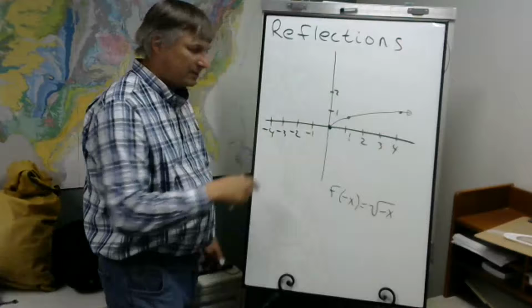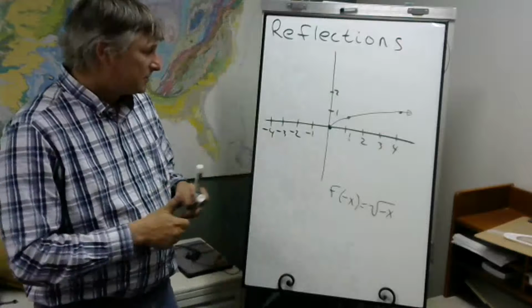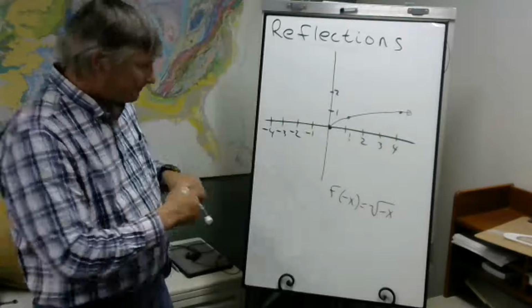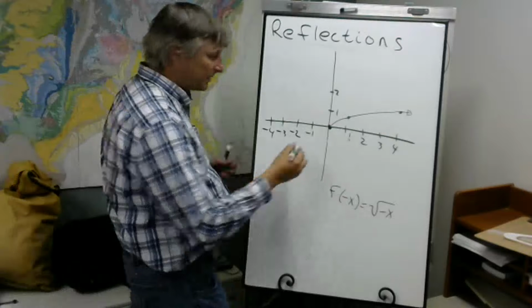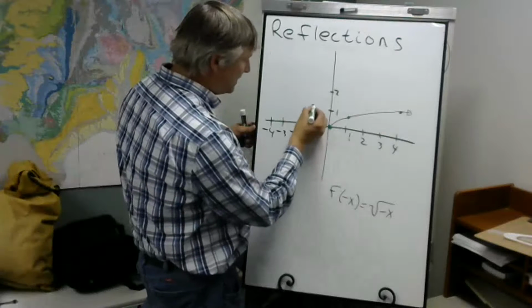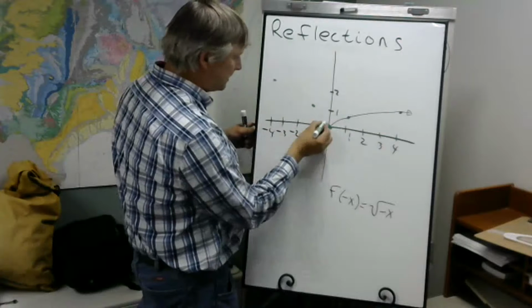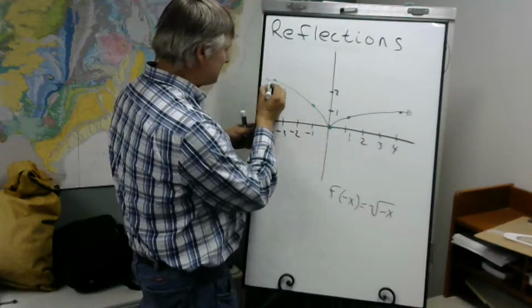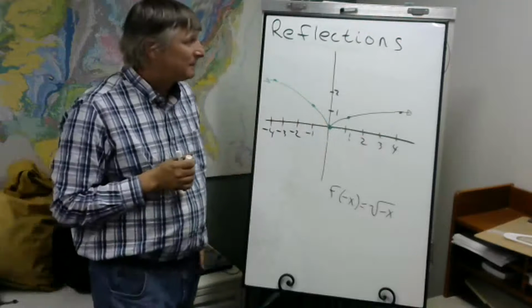Negative of -4, that becomes +4. We can take the square root of +4. So just to kind of recall what we did, for this function, we had to use these values. When we did, we still got 0, 0. Then we have -1 and 1, -4 and 2. And there you go.